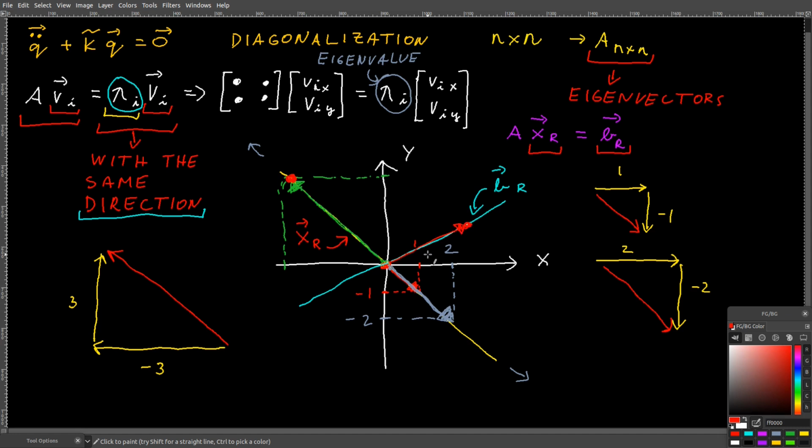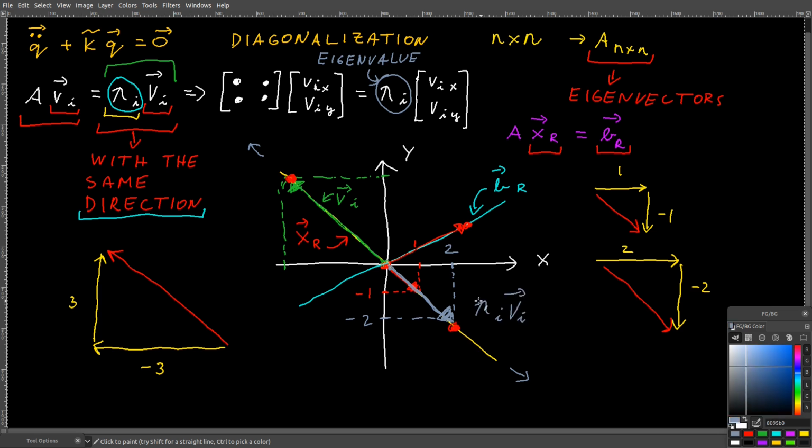But what makes eigenvectors special is that they preserve their direction after you multiply A by them. So you multiply A by its eigenvector, and let's say that this is your eigenvector, and then what you will get is a vector whose tip lies on the same straight line.